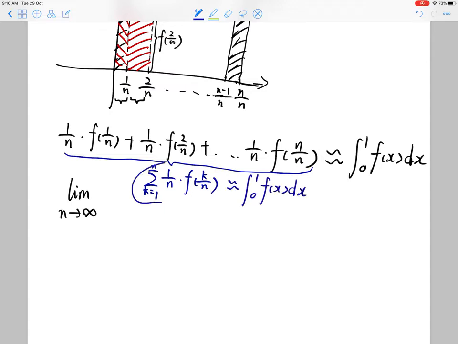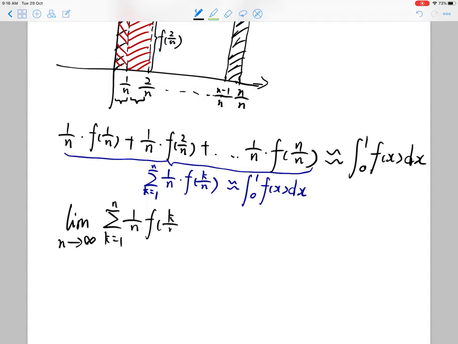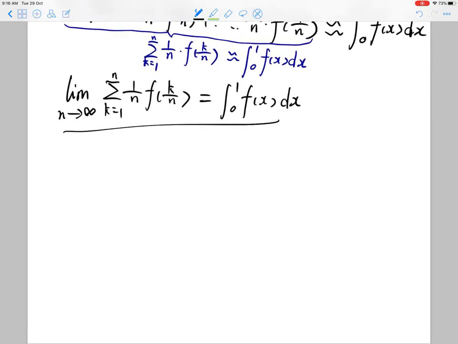When you divide this interval into more and more subintervals, the left side is closer and closer to the right side. So when n is approaching infinity, the left side equals the right side. This is a formula we are going to use.